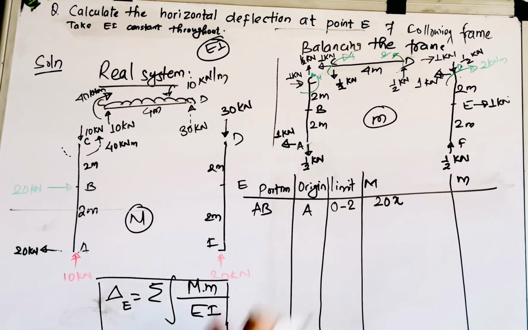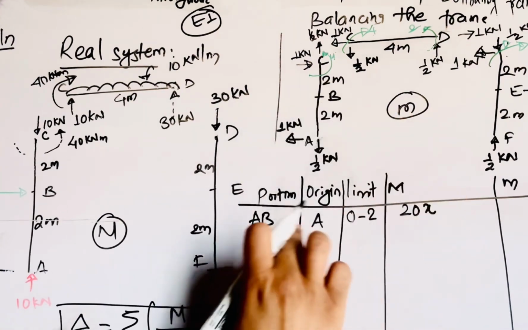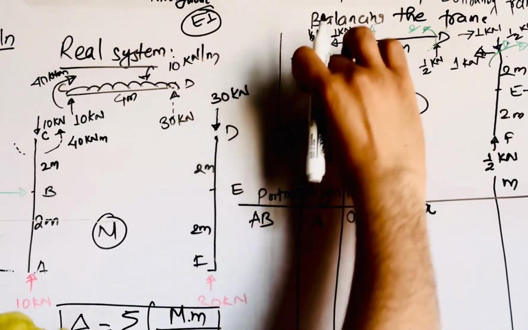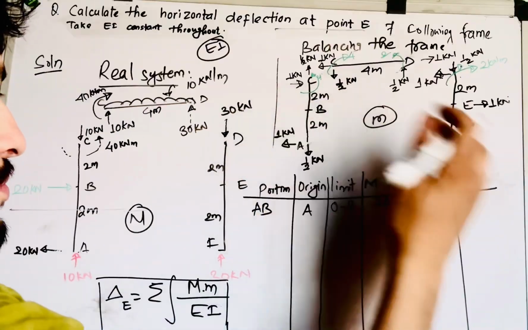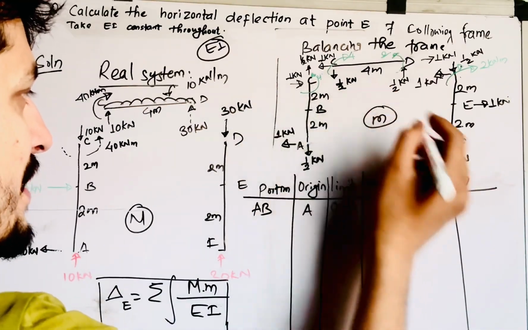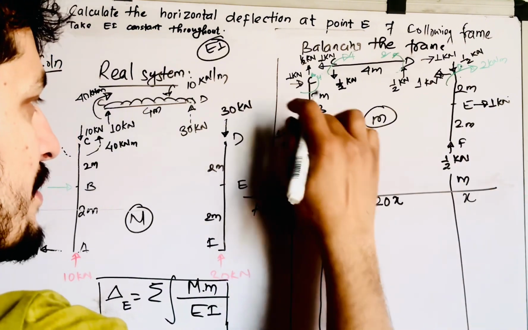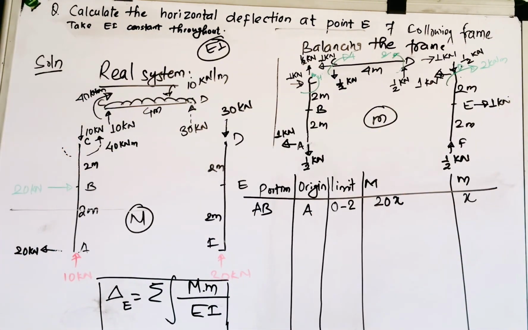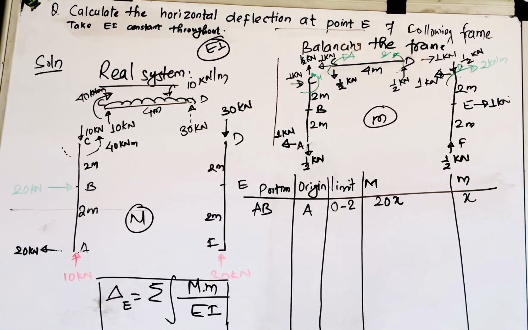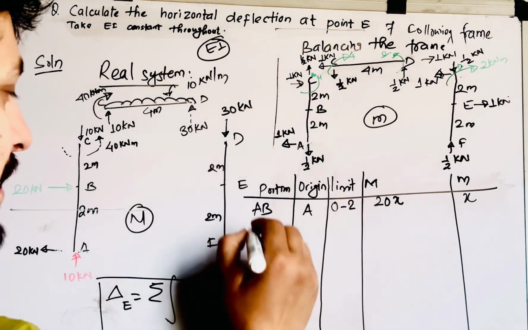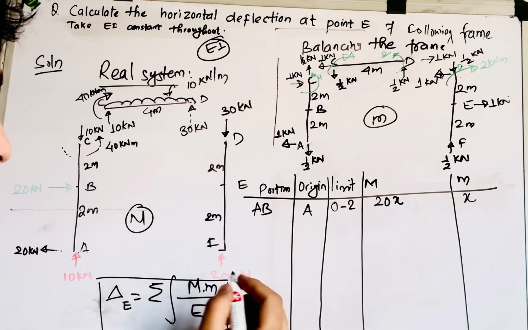So you take the origin at A, the limit A to B varies from 0 to 2, and the moment about this section will be nothing but 1 into x, that is x, right? So x is the distance that you have assumed from the considered origin. That's the thing. Now, AB portion has been written.